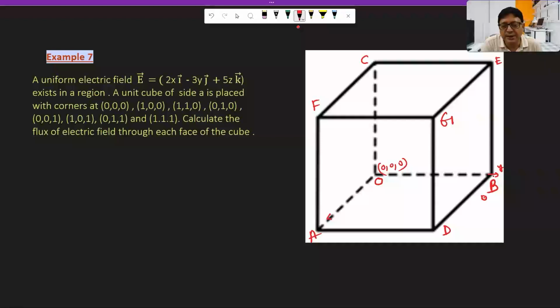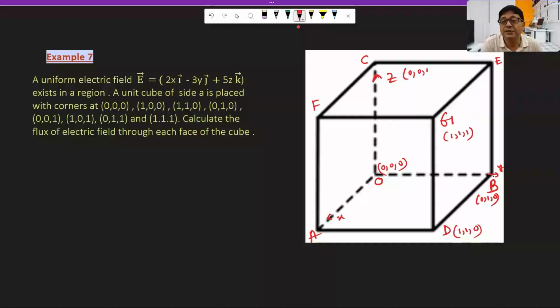This one is the x-axis. This one the z-axis. So this point B has coordinate 0, 1, 0. Quite obvious. D has coordinate lying in xy plane, so z coordinate 0, 1, 1, 0. It is lying in space. Its coordinate is 1, 1, 1.